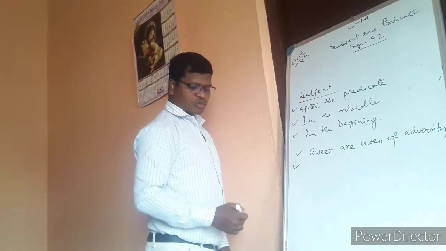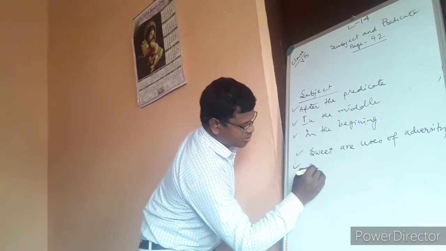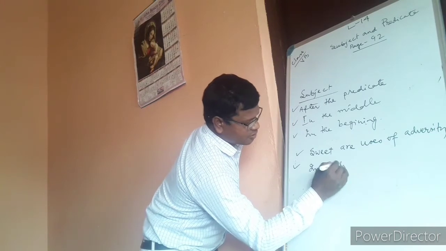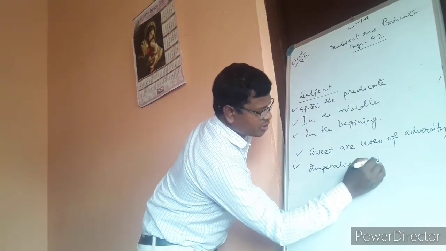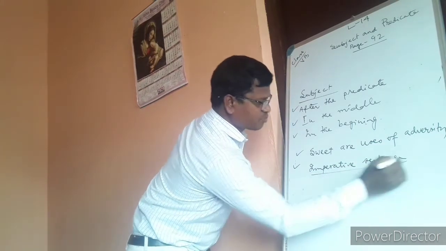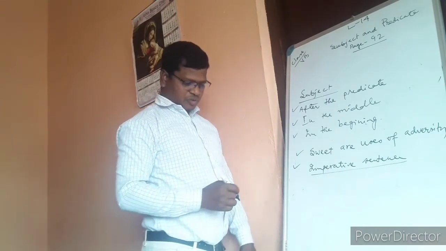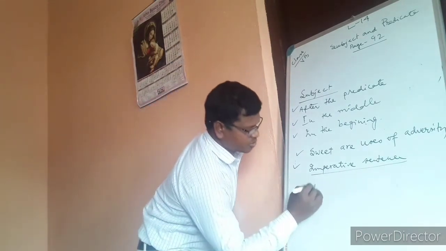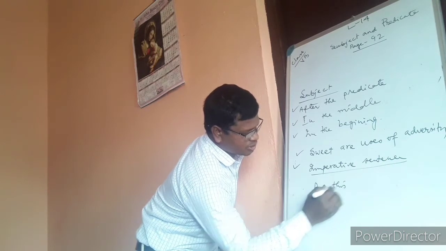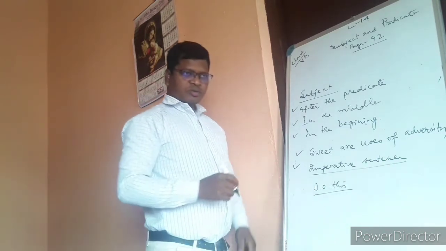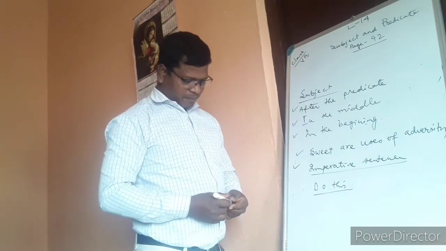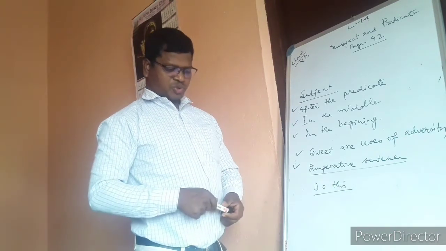Let us talk about the imperative sentence. In an imperative sentence, the subject is left out. Suppose I say, do this. In this sentence, the subject is missing. So here the subject you is understood.